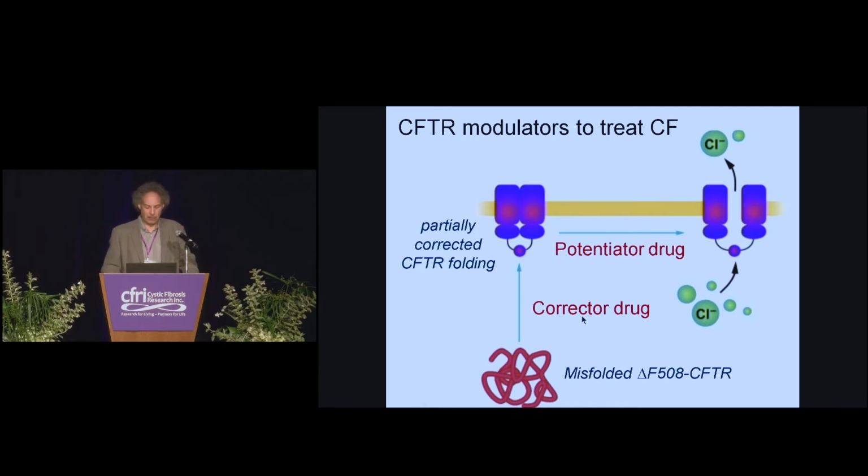What it's meant to mean is specifically for the delta F508, this protein is misfolded and very little is made. It's rapidly degraded. A corrector drug helps the protein get to the membrane, but it's still not perfect. It's still not open. A potentiator drug then opens the channel.